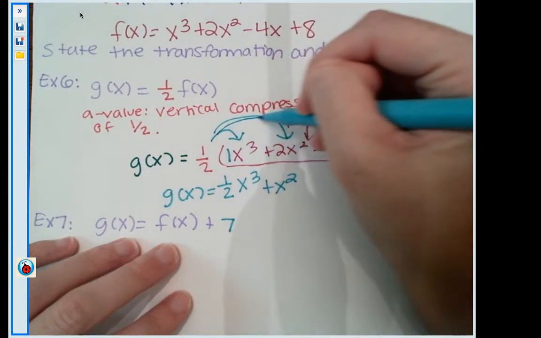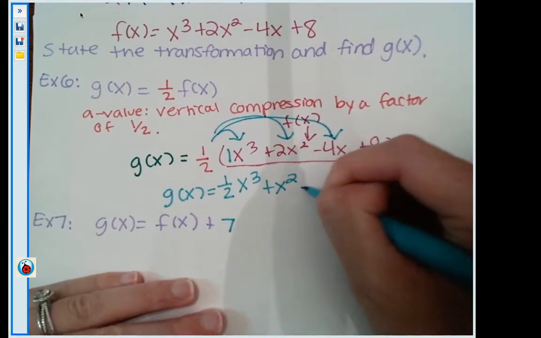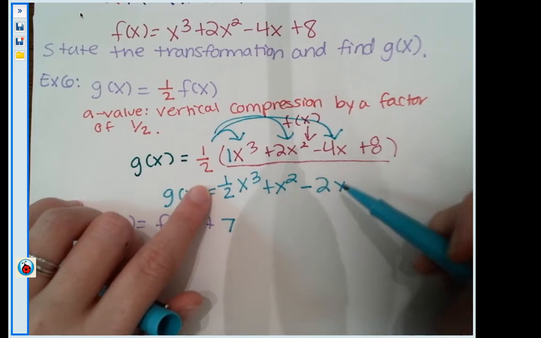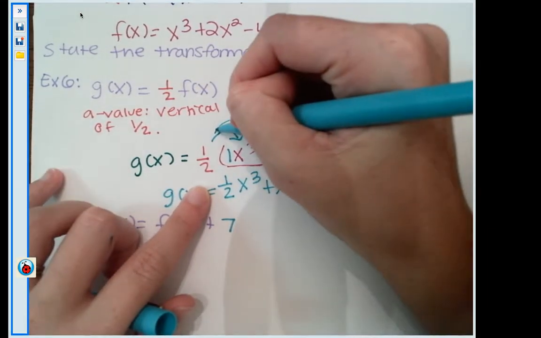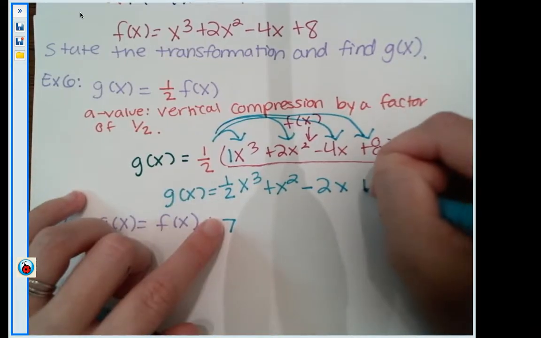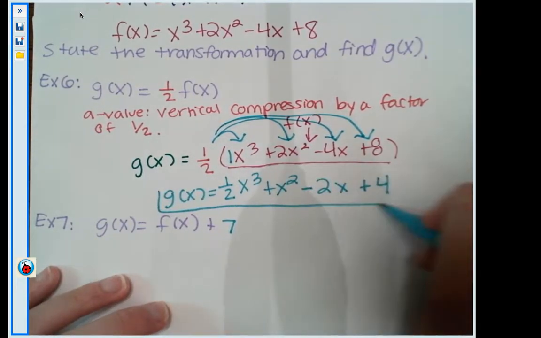Alright, then 1/2 times negative 4x, or half of negative 4 is a negative 2x. Or again, you could say negative 4 divided by 2 is negative 2. And then finally, 1/2 times 8, or 8 divided by 2, is 4. And that's it, you guys. We have found g of x.